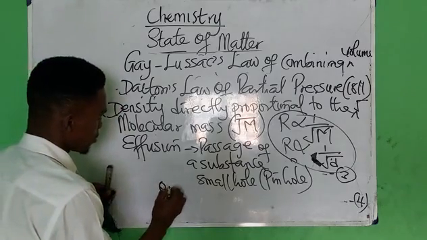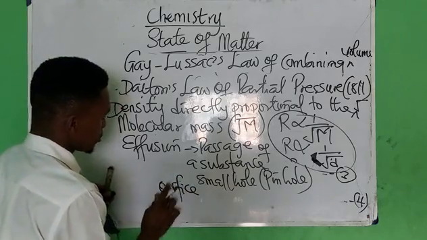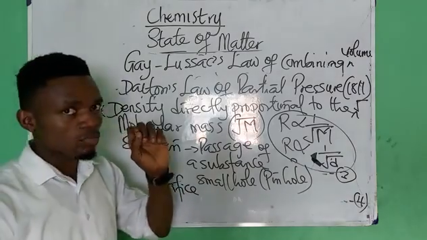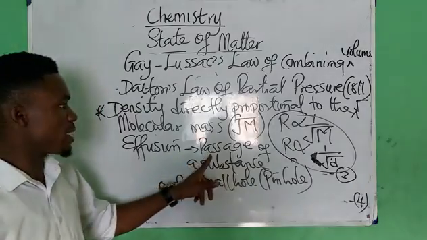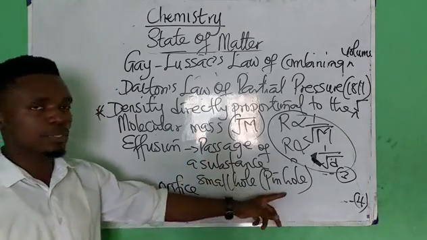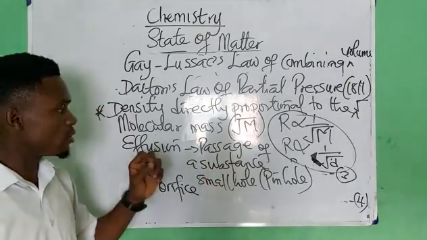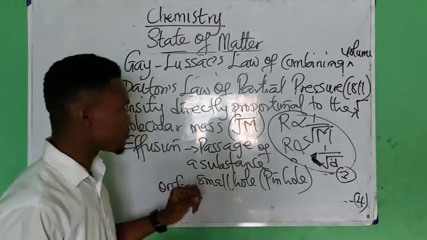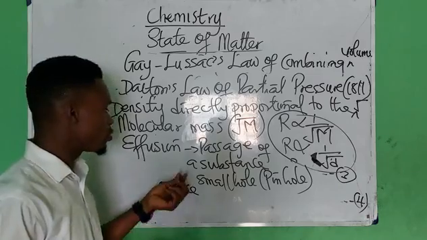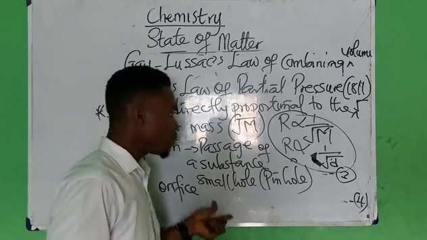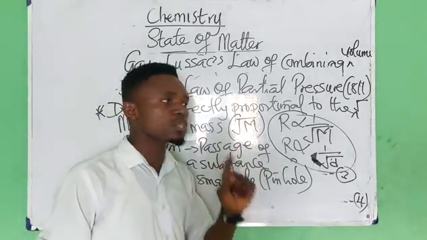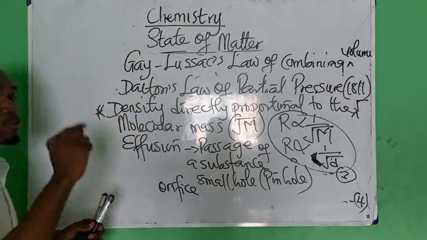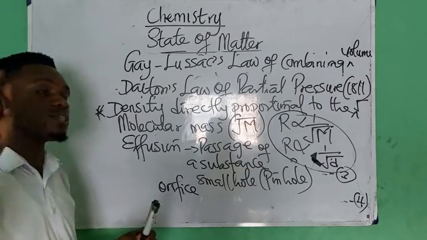So this law states that at constant temperature and pressure, the movement of gases through an orifice is inversely proportional to the square root of molecular mass and the square root of vapor density.